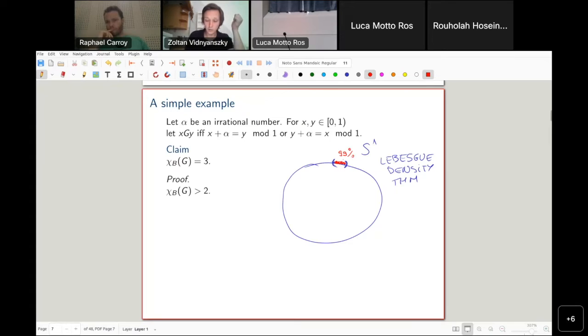I rotate this interval with the angle alpha. Okay, and I go here. Of course, this rotation preserves the Lebesgue measure, right? So it must be the case that every point here which is red, because it's a correct coloring, has neighbors that have to be blue, right?